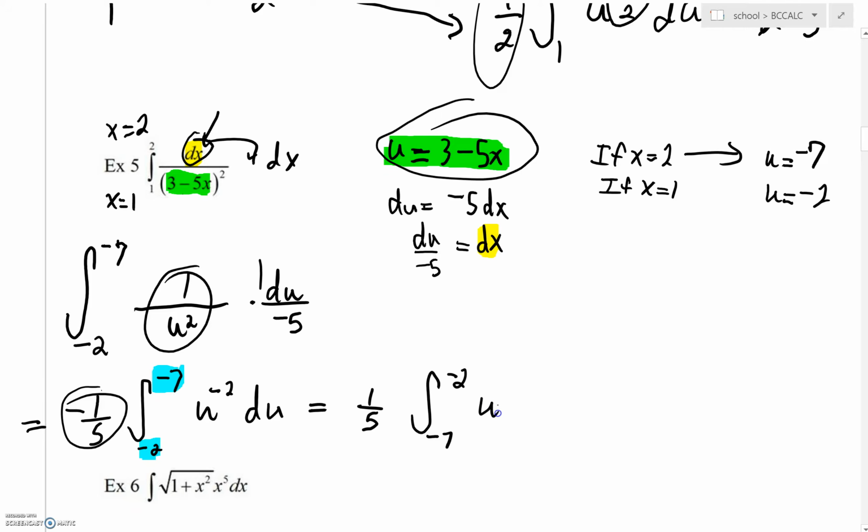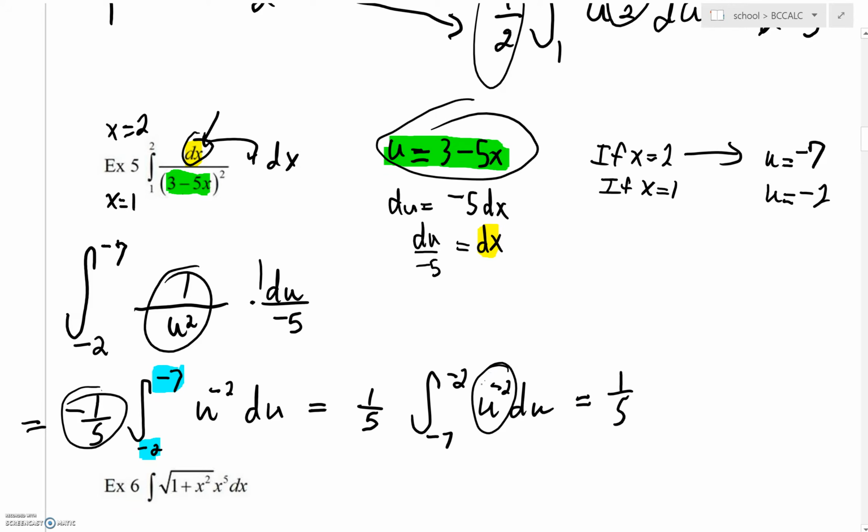Remember, that was a property of integrals that we certainly can always make use of. When you change the boundaries, a negative comes out in front. So you can envision that I flipped it, another negative came out, and a negative times a negative is a positive.